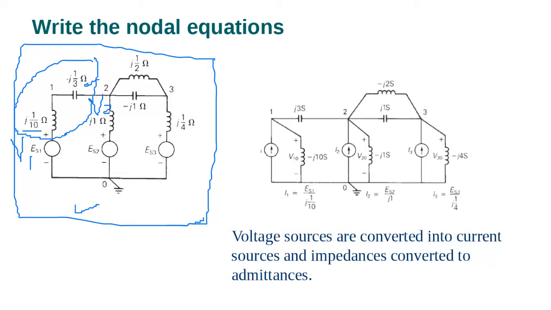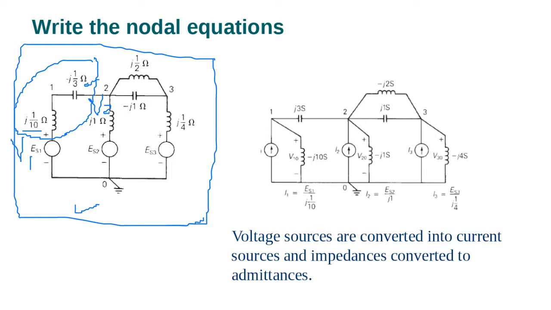This is what you do in nodal analysis: V1 minus V2, node 1 minus node 2, over the impedance between the two nodes. V1 minus V3 over the impedance between 1 and 3, and so on. That's what we do, correct? So we can work it like this, straightforward.